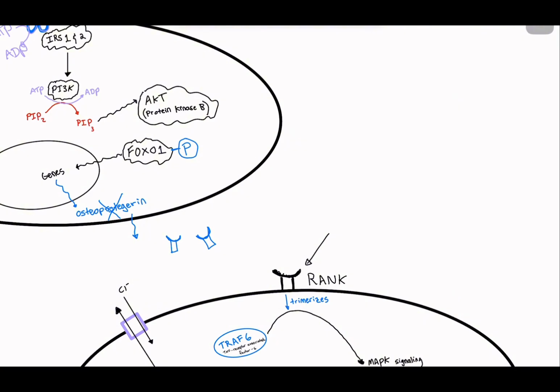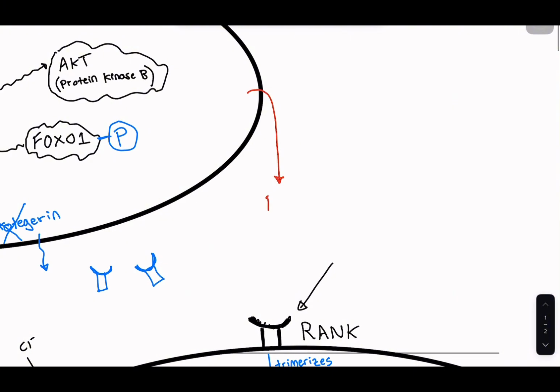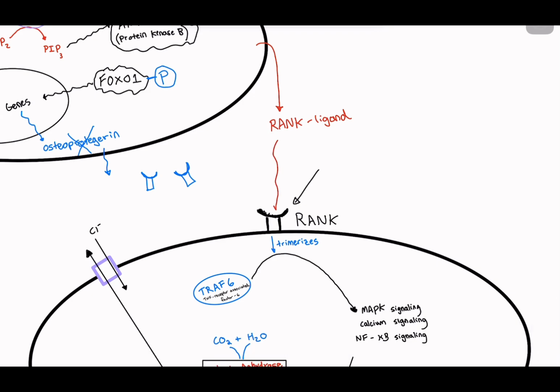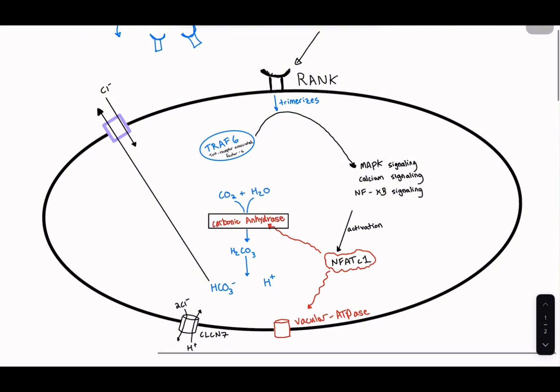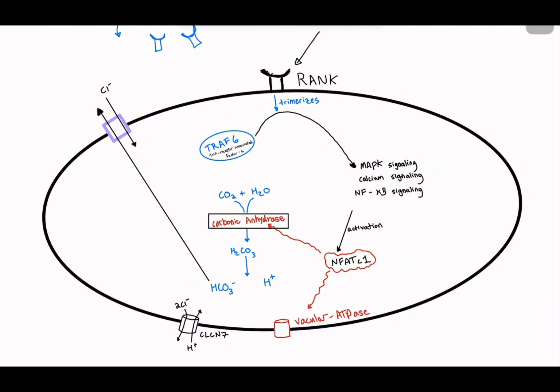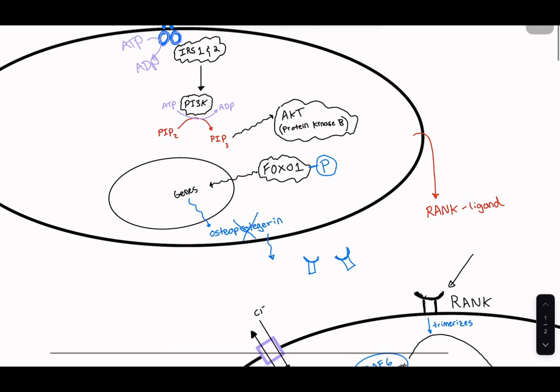So if I take off running, or I have a hormonal environment that's inducing me to remodel my bones and change my bones, these cells will produce rank ligand, which will typically go over and bind to the rank receptor and trigger downstream effects in this cell called an osteoclast. This is our osteoclast, which is facilitating bone remodeling, or the breakdown of bone and then the eventual resynthesis of that bone by the osteoblast.